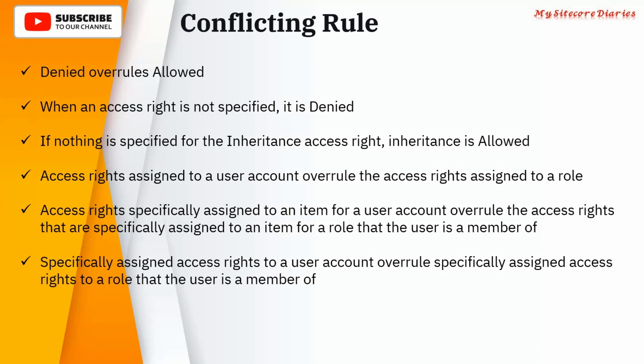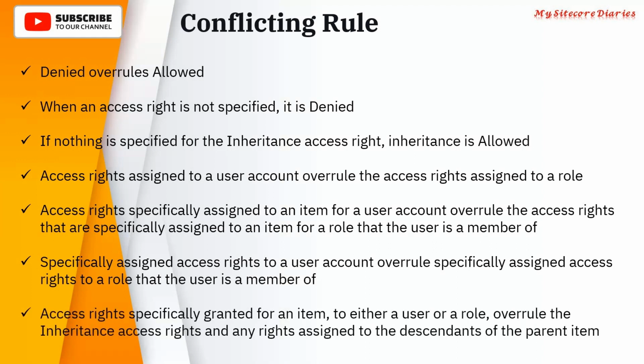Access rights specifically granted for an item to either a user or a role overrule the inheritance access rights and the rights assigned to the descendant of the parent item. So these are basically the conflicting rules, and if you find a conflicting rule in your setup, this is how it will get resolved.